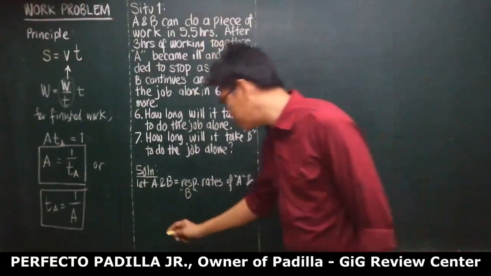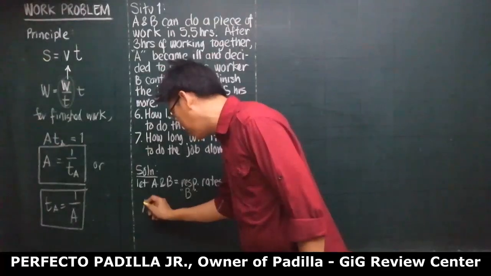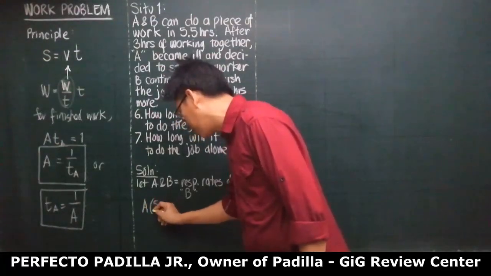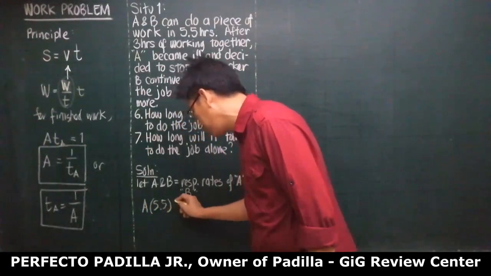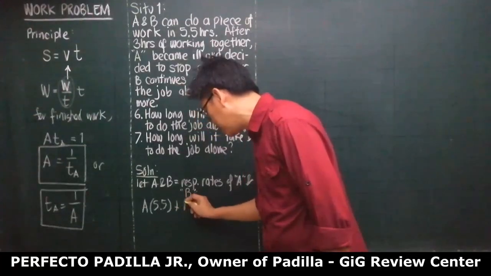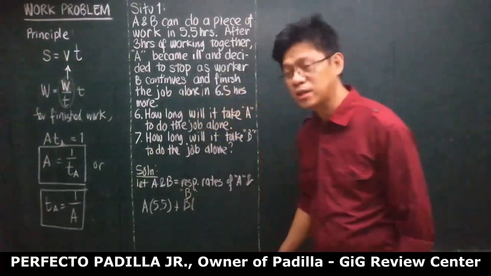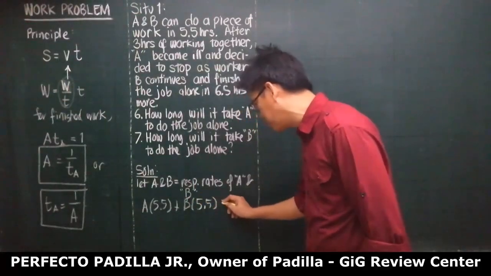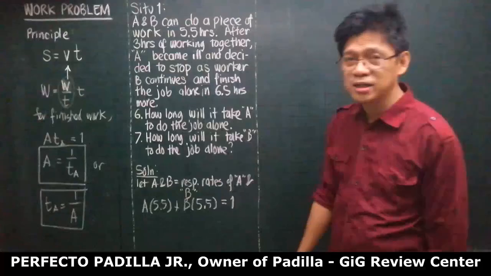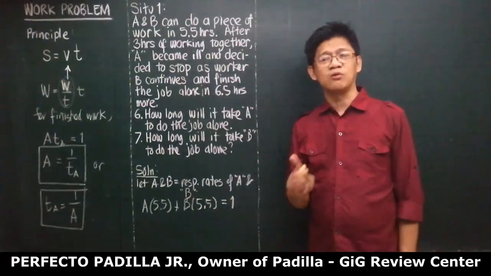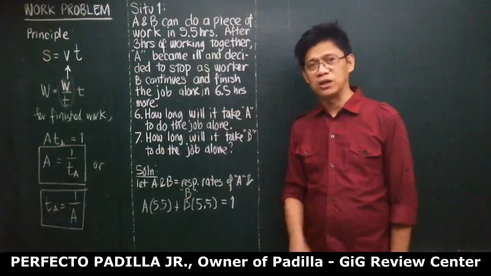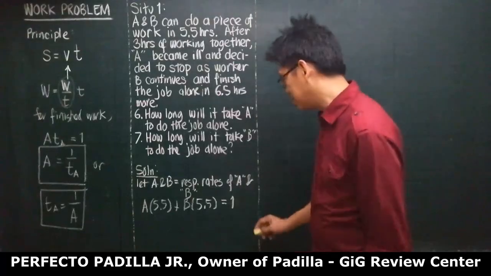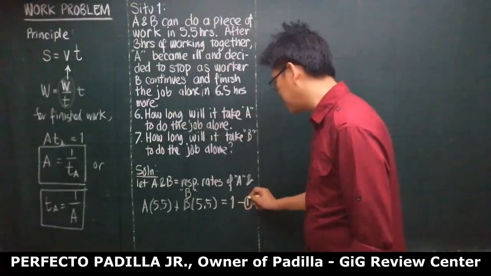So the contribution of A is the rate of A times the time he worked, 5.5 hours, plus the contribution of B is the rate of B times the time he worked, that is 5.5, and this is equal to 1. Rate times time, kung natapos ang trabaho, equals 1. No? Okay. So, let me call this equation 1.